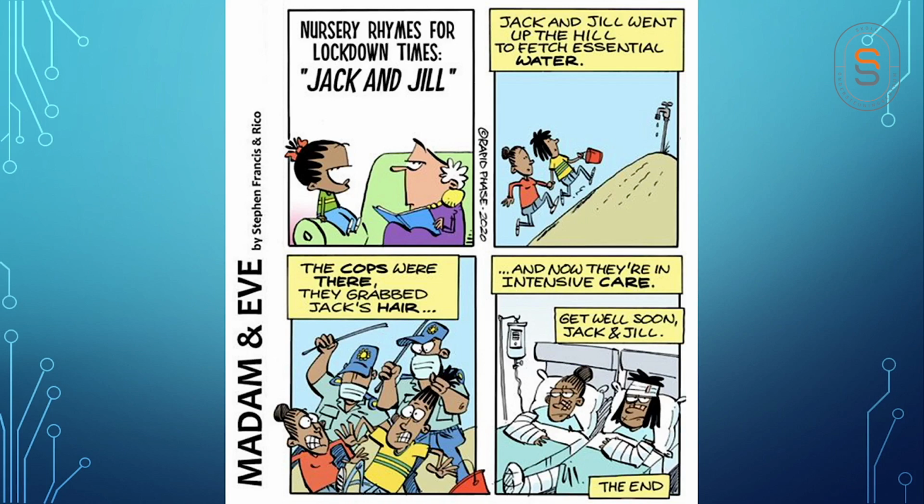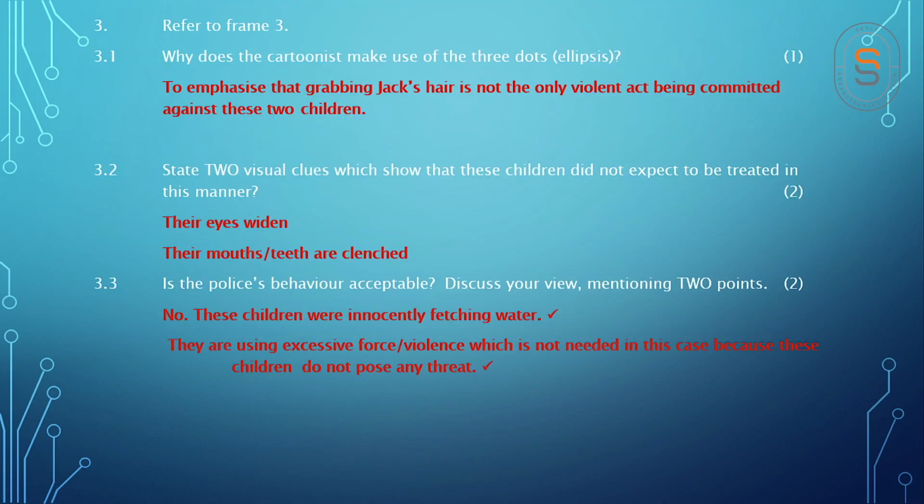And then their teeth are clenched, and you can refer to their hands and their fingers that are spread wide open. All right, it's as if they want to protest, if they want to protect themselves. So the answer there will be their eyes that were wide open and their mouths or their teeth that are clenched. And if you refer to their hands, it's also correct.